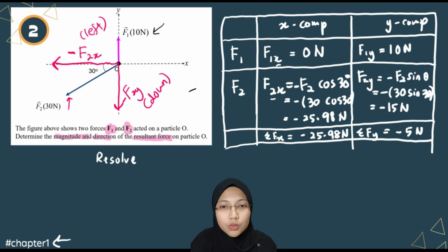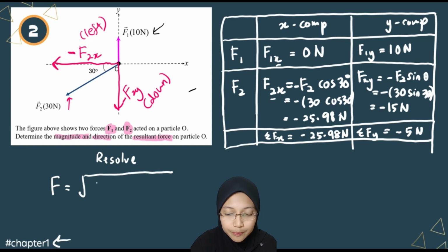To get the magnitude and direction, we apply this equation. F resultant is equal to the square root of summation of Fx squared plus summation of Fy squared.